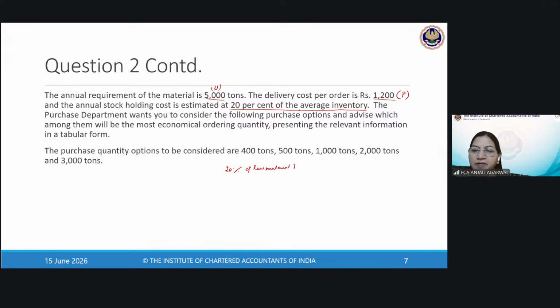Now the problem is the raw material price is not constant. It is 1,400 if you order anything less than 500 tons. So then it will be 1,400 into 20%. It will become 280 rupees per unit per annum.